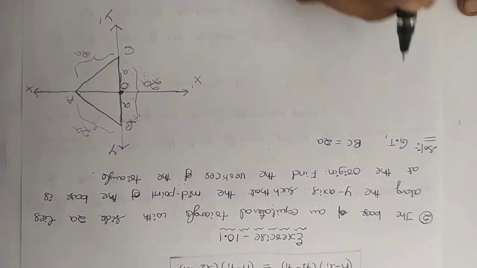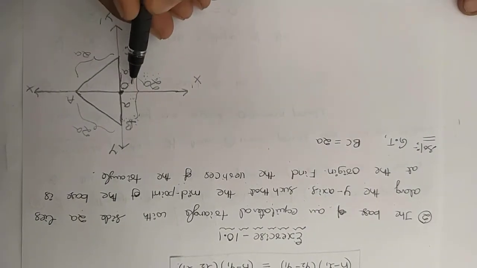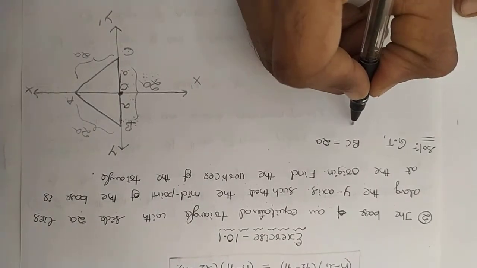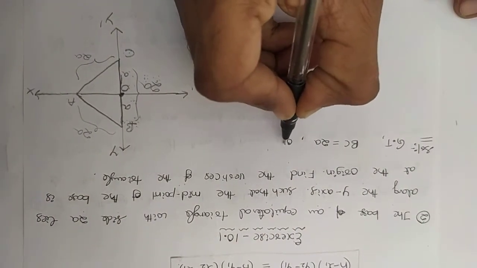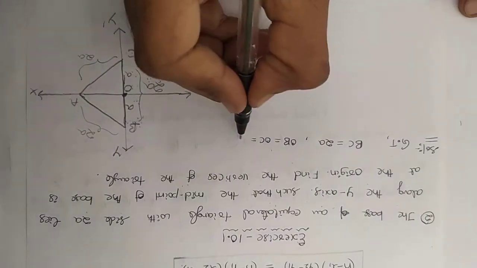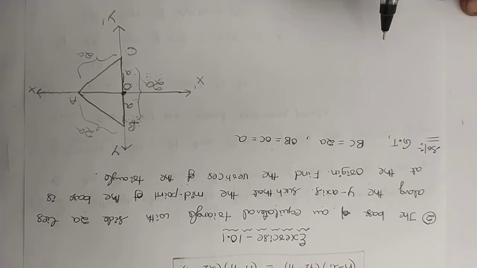If BC equals 2a, then OB and OC, that length is what? a only, small a.